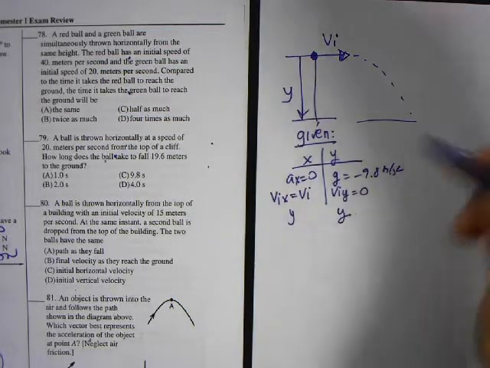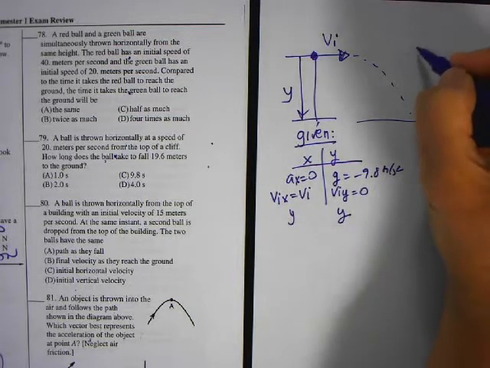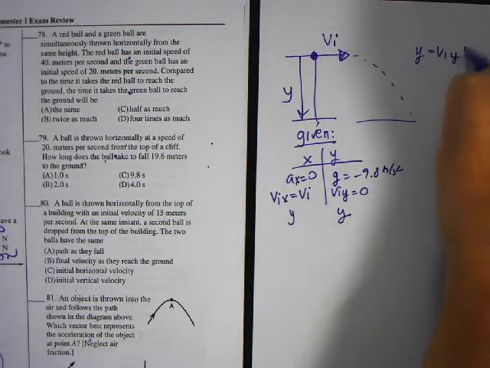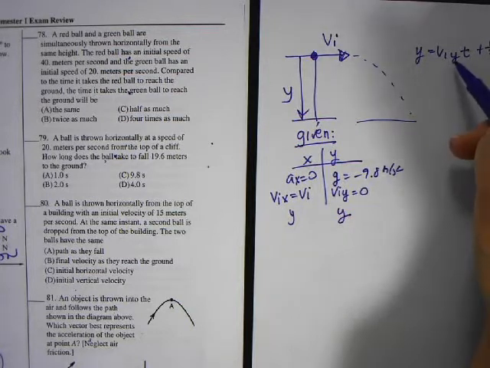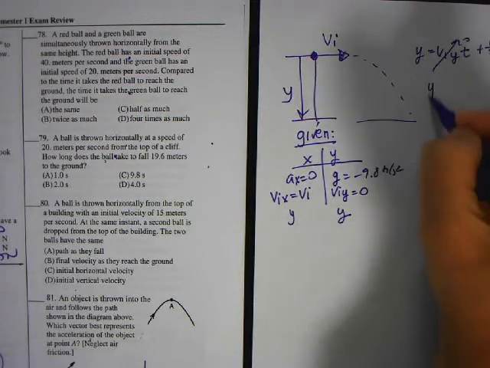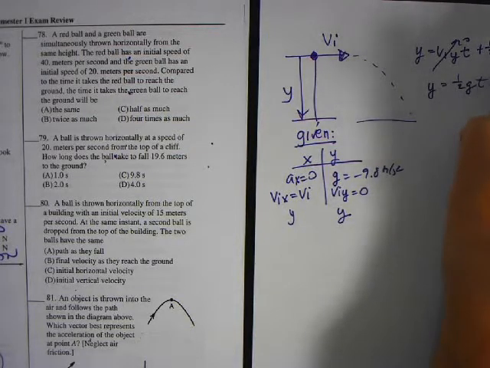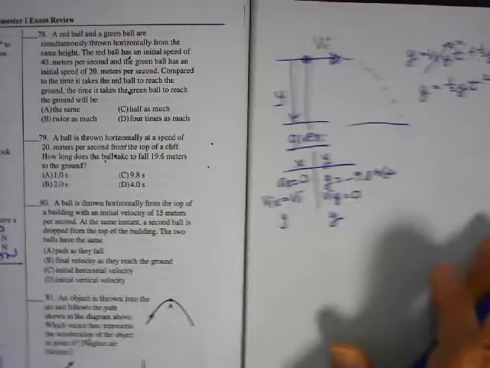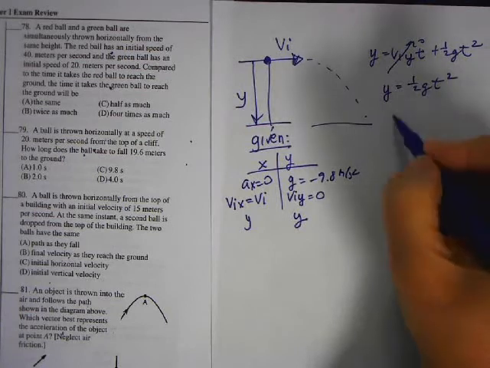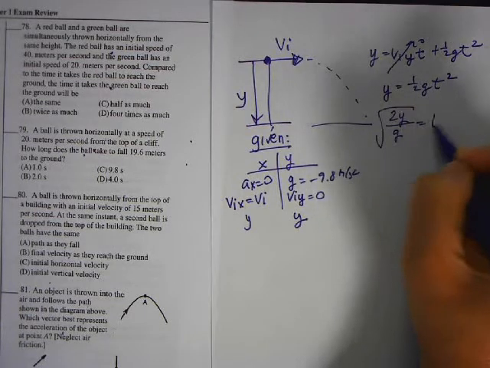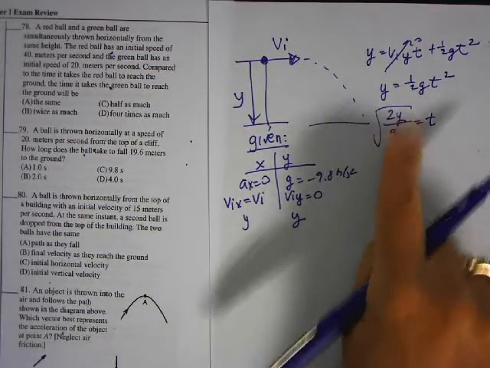So if I looked at it solving for this, and I use my equation y is equal to Viy t plus 1/2 g t squared, there's no vertical component of the initial velocity. So y is equal to 1/2 g t squared. If I wanted to solve for the time it takes to reach the bottom, if I rearrange this equation, multiply both sides by 2, divide by g, take the square root of both sides, t is equal to the square root of 2y over g.